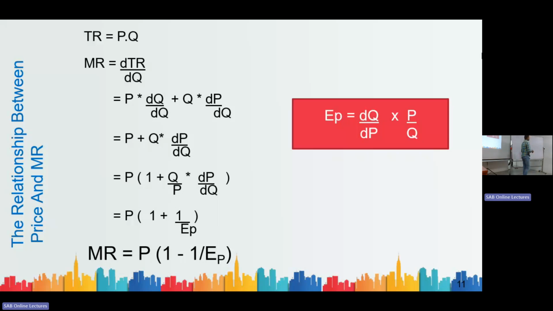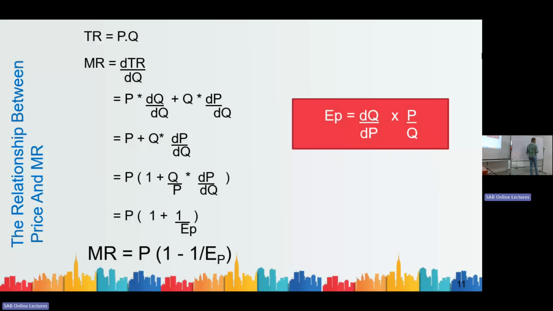Usually, price elasticity takes a negative sign, because when we expect a decrease in price, there should be an increase in quantity demanded. According to the law of demand, there is an inverse relationship between quantity demanded and the price. So usually we have a negative sign.